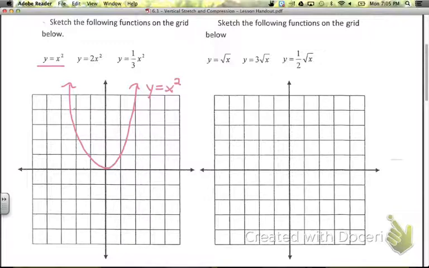And now from there we're going to look at our next function, y equals 2x squared. So what is that 2? Is it going to be a vertical stretch or compression? Since our 2 is greater than 1, we know therefore this is going to be a vertical stretch by a factor of 2.